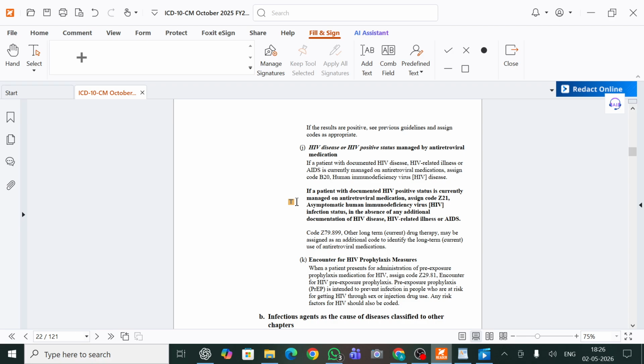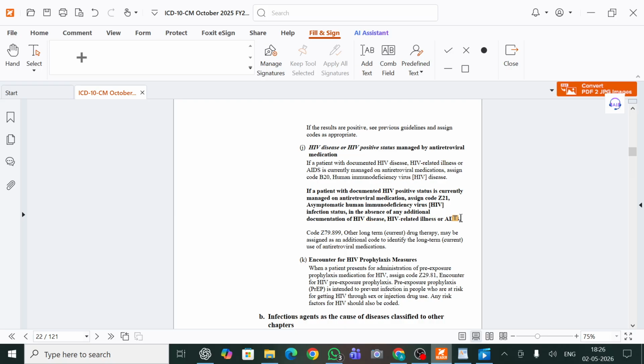At that time we will assign B20, because the patient is already suffering from HIV disease or AIDS. Here guys I will show you: HIV disease code B20, AIDS also code B20, and any HIV related symptoms or illness, that code is also B20.